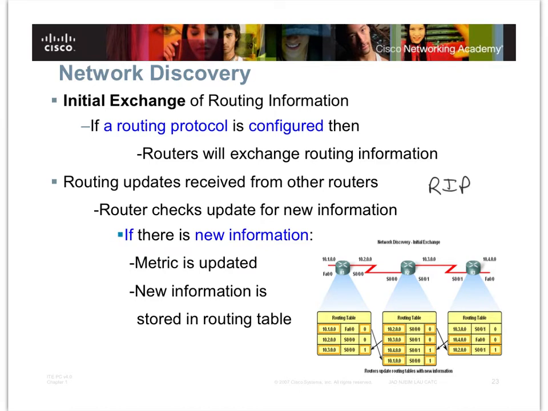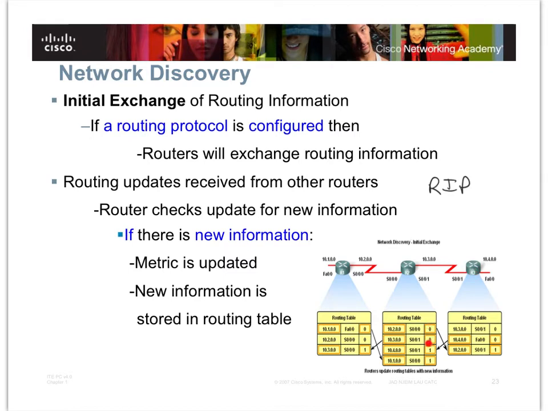Because of the fact that the metric is actually the number of hops. So here, router 2 will receive information from router 1 and router 3. Router 1 will receive information from router 2, and as well router 3 will receive information from router 2.